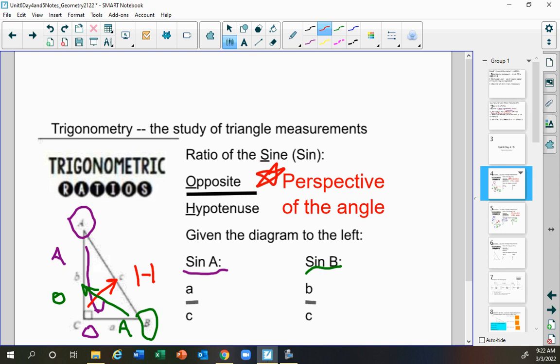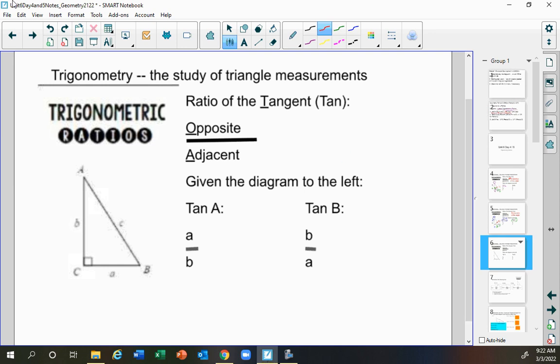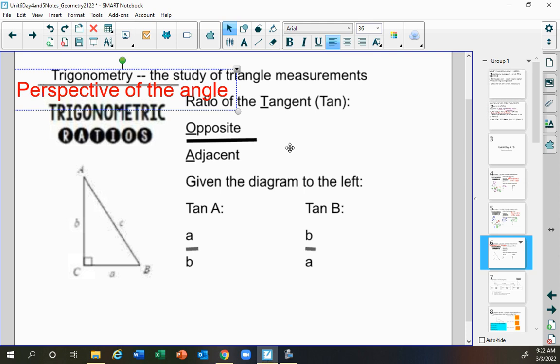All right. Last thing I want to talk about: tangent. Again, it's all about the perspective of the angle.